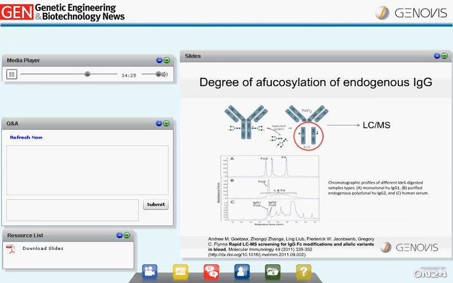Another interesting application that has taken advantage of the enzyme's strict specificity for antibodies is described by Andrew Goetze and co-workers at Amgen. In this case, endogenous IgG from patient samples was first deglycosylated in serum by IgG0, followed by the addition of the FabRICATOR enzyme, also in serum, for digestion of IgGs.